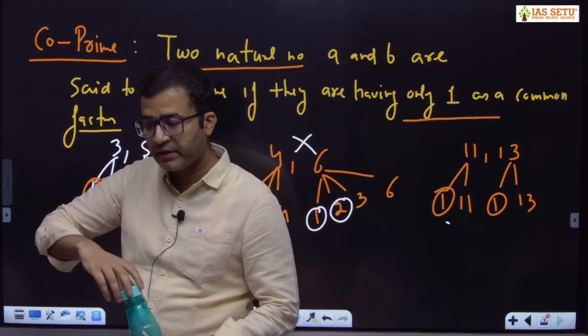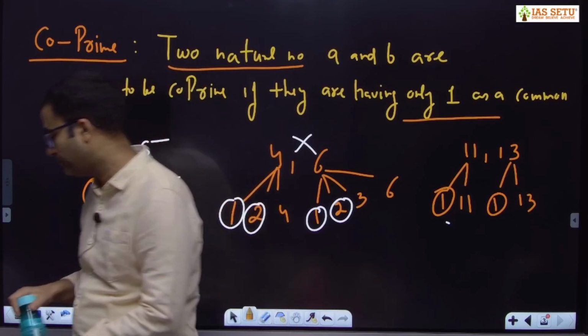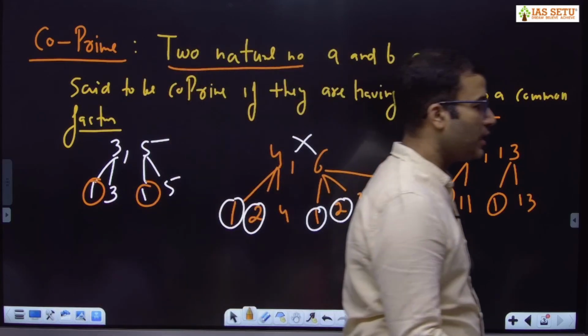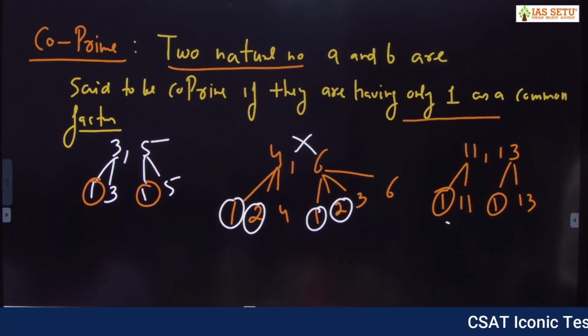You write this observation down. Prime numbers are necessarily co-prime to each other.